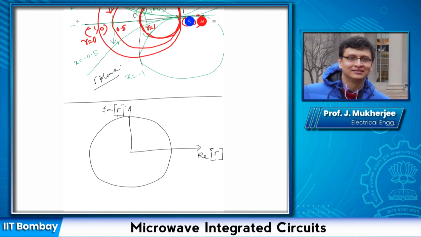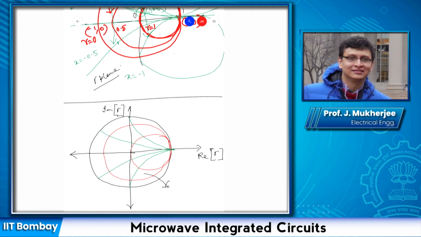We can again draw the points. All points inside the Smith chart correspond to passive devices.